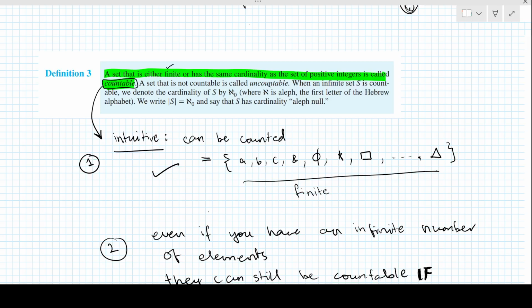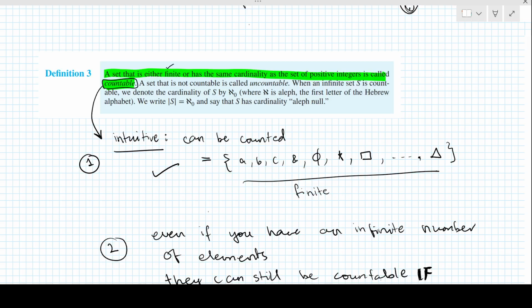So this weird looking character is actually from the Hebrew alphabet, and then we say null because of this subscript, this small 0 here, right? So it's called aleph null, where this strange letter is aleph.